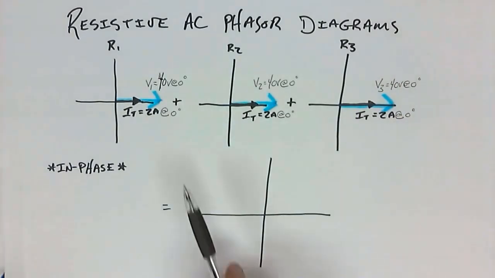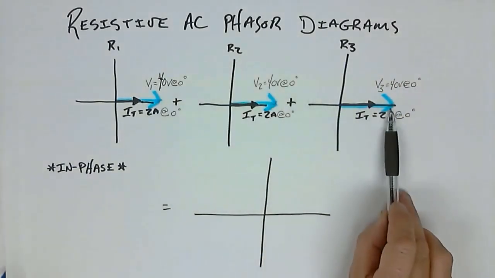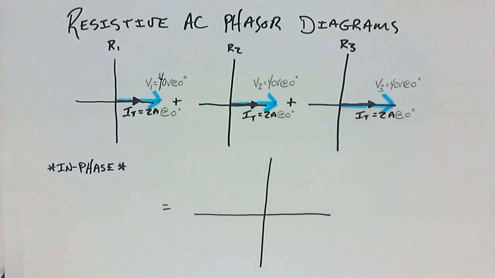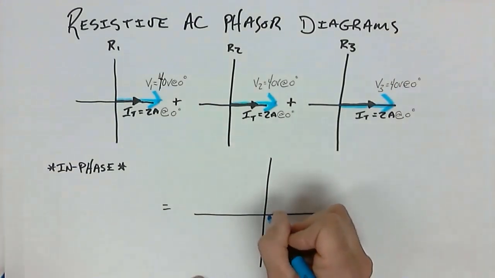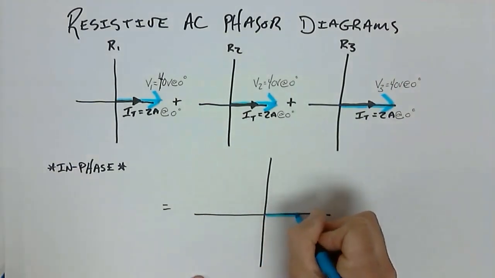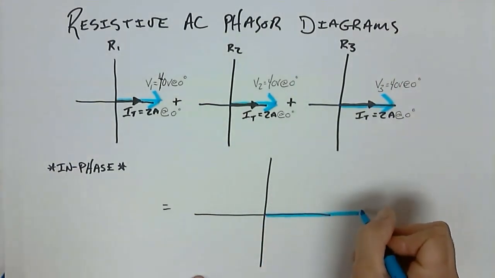So if we were to add these 3 voltage phasors together, we could use an HV table, or we could use our mode 3, right? And what are we going to end up with? Well, the voltage value we're going to see on our Cartesian plane down here is the sum of all of my voltages.